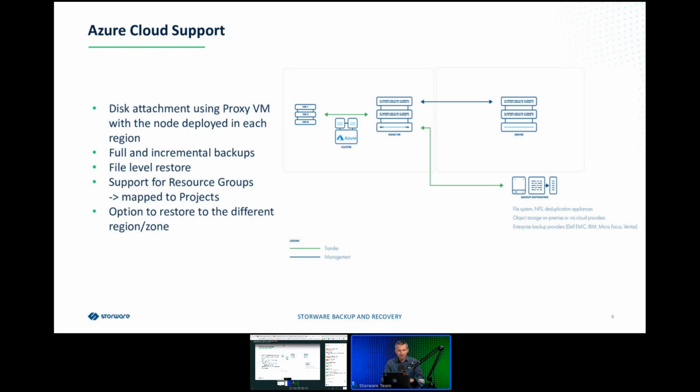Here, because we're using the disk attachment strategy, the node must be installed inside Azure as a separate VM. Every time we do the backup, we first need to take a snapshot on Azure, and attach the disk to our node through disk attachment, and from that point we can read this data and send it to the specific backup destination.